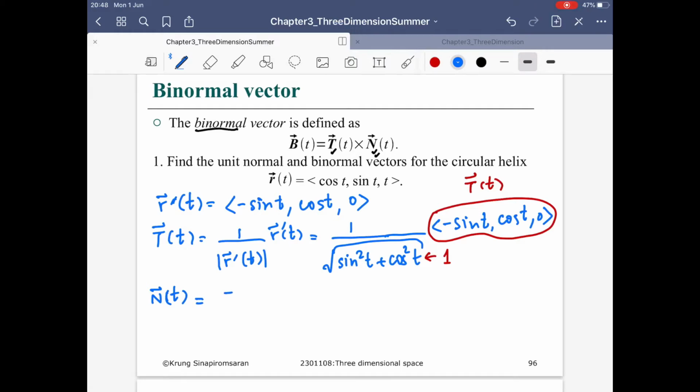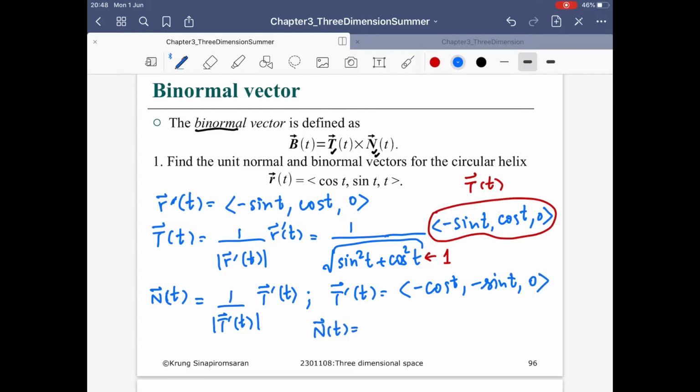The normal is 1 over the length of T prime times T prime, capital. So to find your capital T prime, it is negative cosine, negative sine, and 0. Now the normal is 1 over the square root of cosine squared plus sine squared plus 0, taking the square root, and then multiplying by negative cosine, negative sine, and 0.